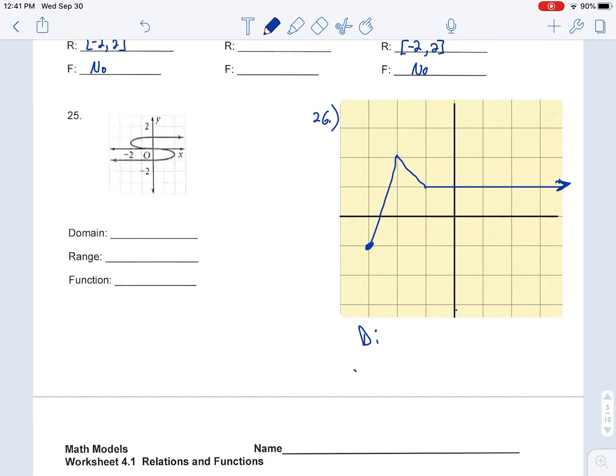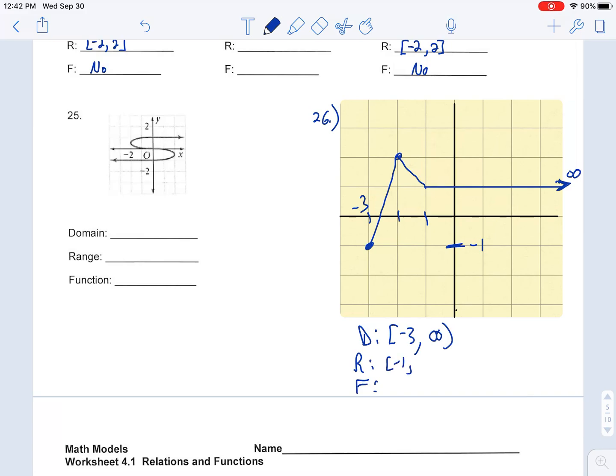Domain, range, function. What is the domain? Okay, the farthest point to the left, -1, -2, -3. The farthest point to the right, it goes forever, so that's infinity. Bracket -3, comma, infinity. Range, what is the lowest point? The lowest point is right here, bracket -1, comma.